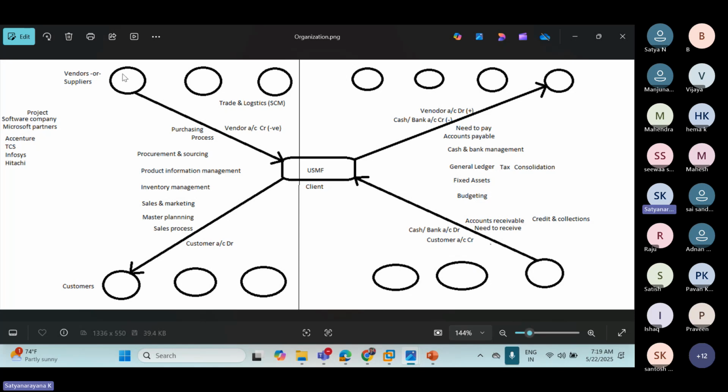Here there are 4 types of companies: the software company, the client, which is the actual business, and the companies from which the business purchases. These companies are called vendors, and the others are called customer companies. You are purchasing material and selling material.